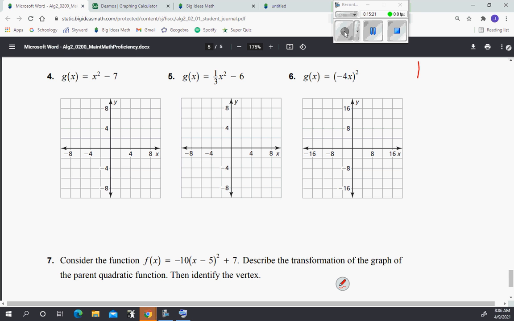So this is a reflection in the y-axis. And because that 4 is inside the parentheses, it's not a vertical stretch. It's actually a horizontal shrink. Which is very weird.